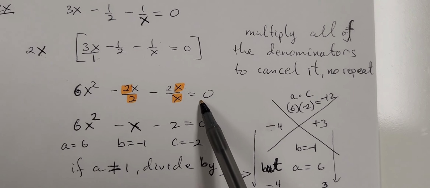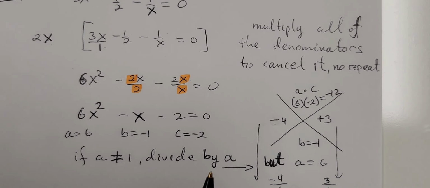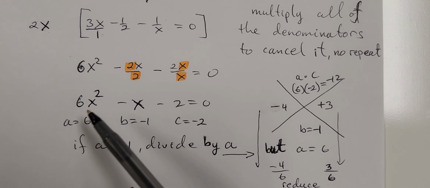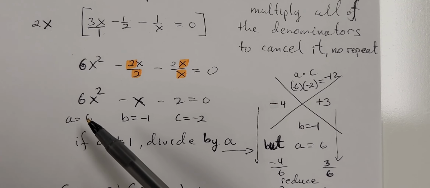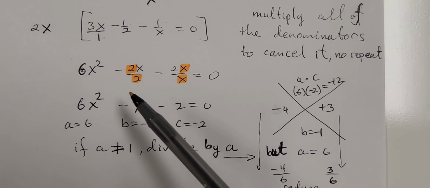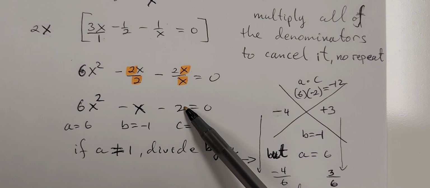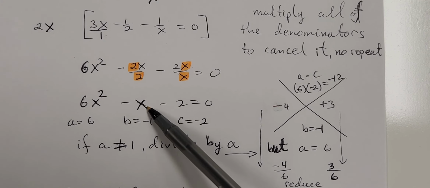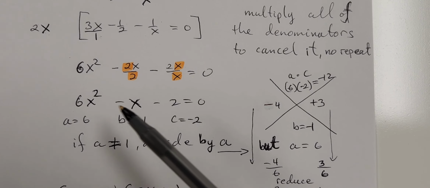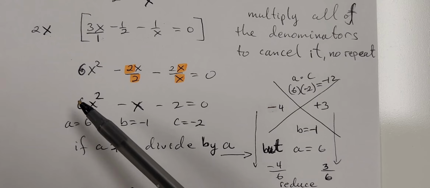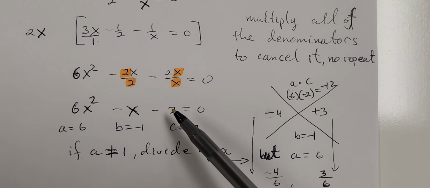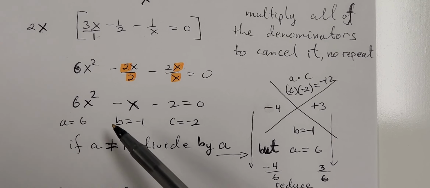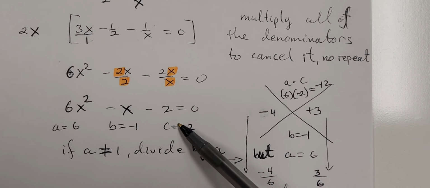Once all of the denominators go away, now we use factoring a trinomial. Here's your a, here's your b, and here's your c. Once the denominators go away, solve for x. In this case, we have a trinomial, so a is 6, b is -1, c is -2.